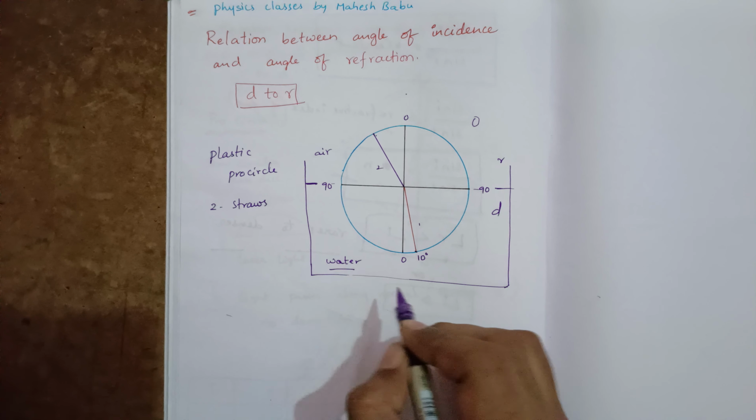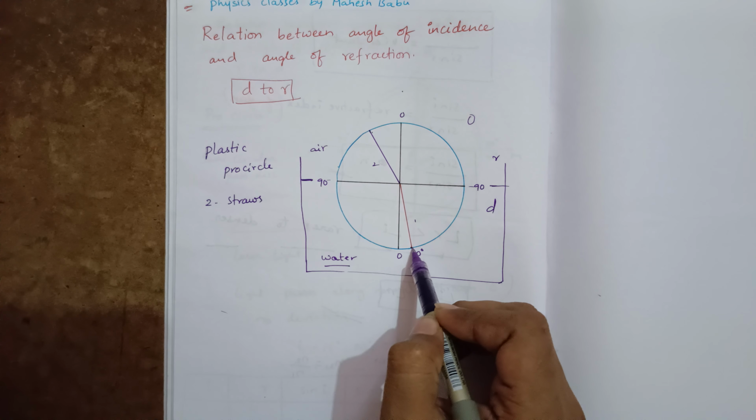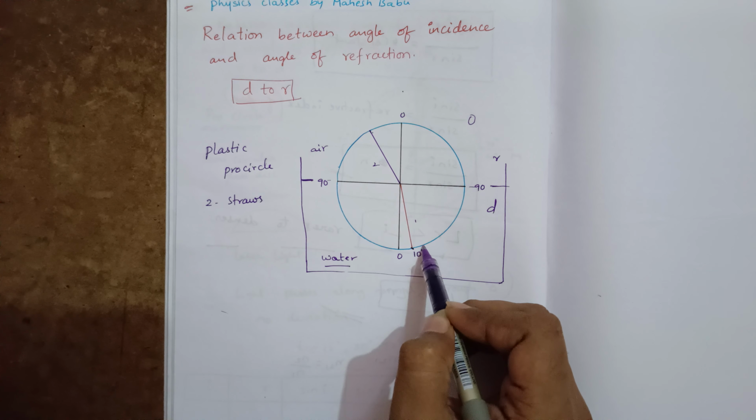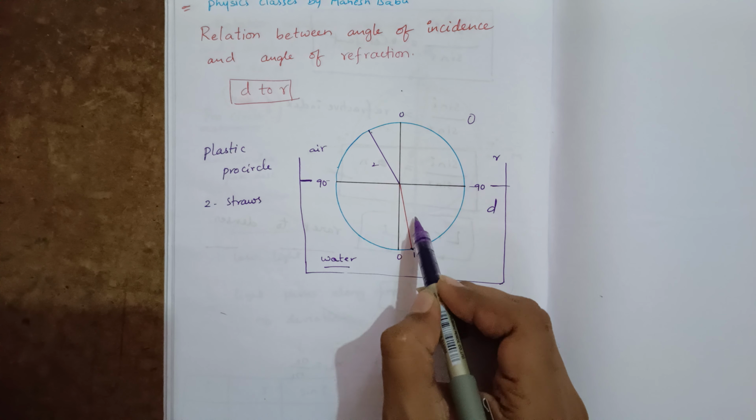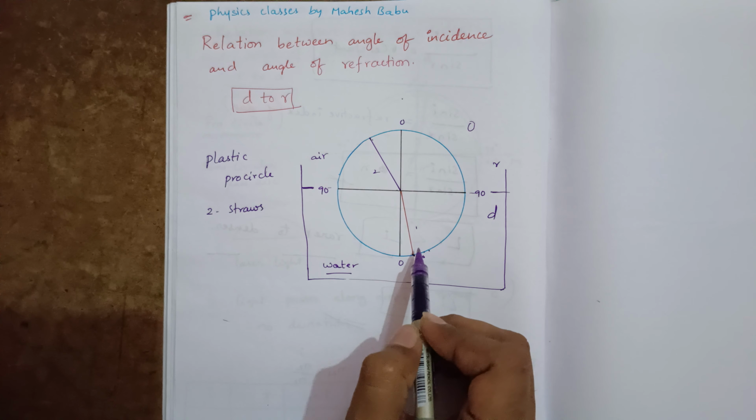What is happening here is that when we place the straw inside, it is here but it appears in this position. For that apparent position we place the second straw straight to the first straw. Are we seeing the real image, the exact object?